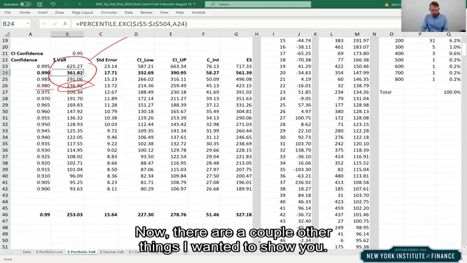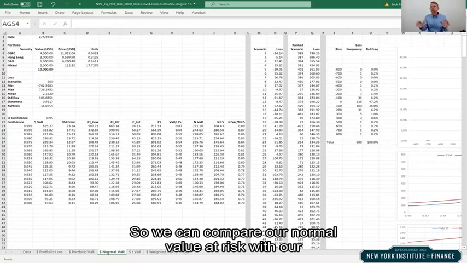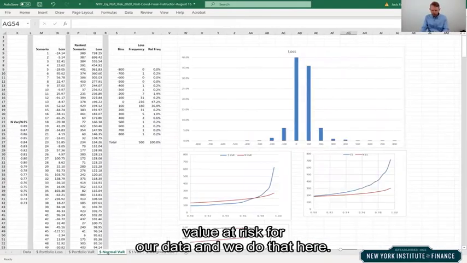Now, we also have a tab which shows the normal value at risk, so we can compare our normal value at risk with our value at risk for our data. And we do that here.